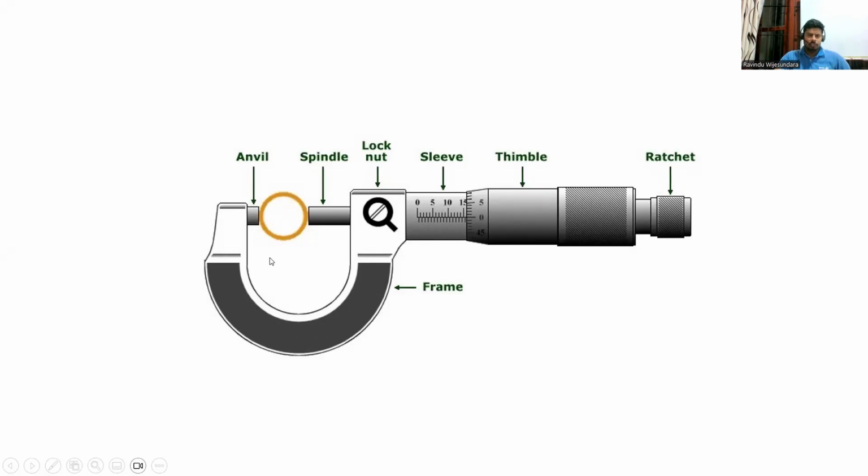You have to keep that structure in between the anvil and the spindle. From the ratchet or from the thimble, you can rotate this one. When you are rotating, the spindle is moving towards this one and hitting it. Then it tries to tighten the object in between the anvil and the spindle.